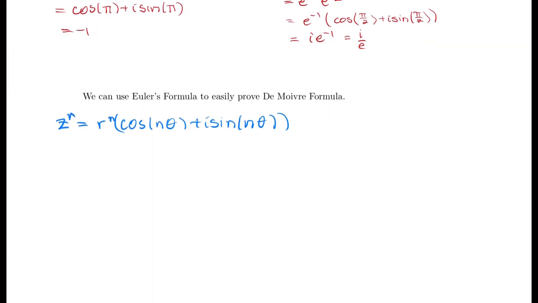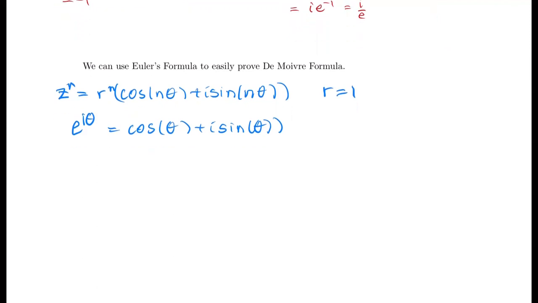If we have e to the power i theta, this is also the same as saying cosine of theta plus i sine theta. Here we'll assume that the modulus is equal to 1 because of Euler's formula.